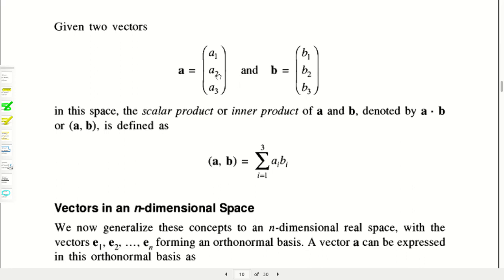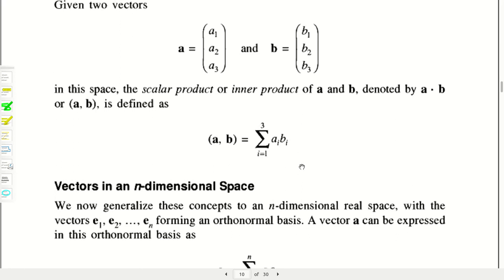So if you transform A like this, A transpose, a1, a2, a3 will be in a row, that is a 1 cross 3 matrix, and this is a 3 cross 1 matrix. So if you multiply both of them, the result will be a 1 cross 1 matrix. That is nothing but a scalar, which is written here: a1 b1 plus a2 b2 plus a3 b3.